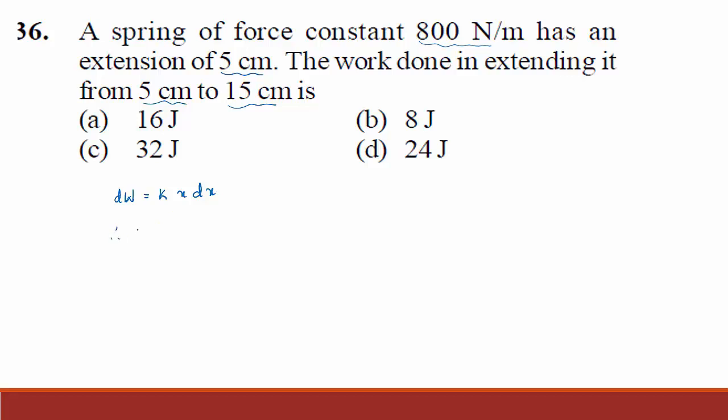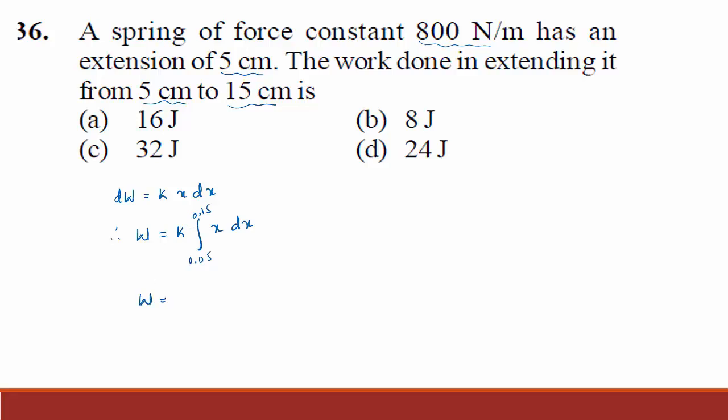Here we want the total work done. Here it is given from extending 5 centimeter to 15 centimeter. K is constant, take outside. Remaining is integration of x into dx from the limit 5 centimeter to 15 centimeter, or in terms of meter we can write 0.05 meter to 0.15 meter. Now substitute the values.